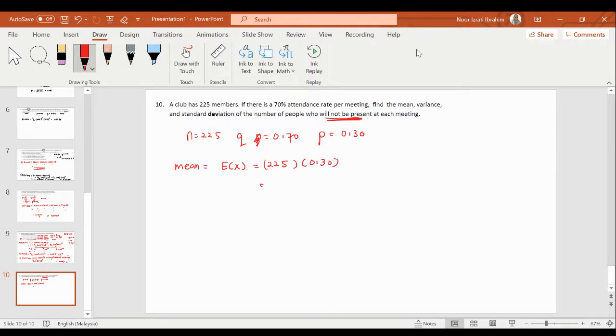Then this will give us the answer as 67.5, or approximately 68 because it is a number of people.